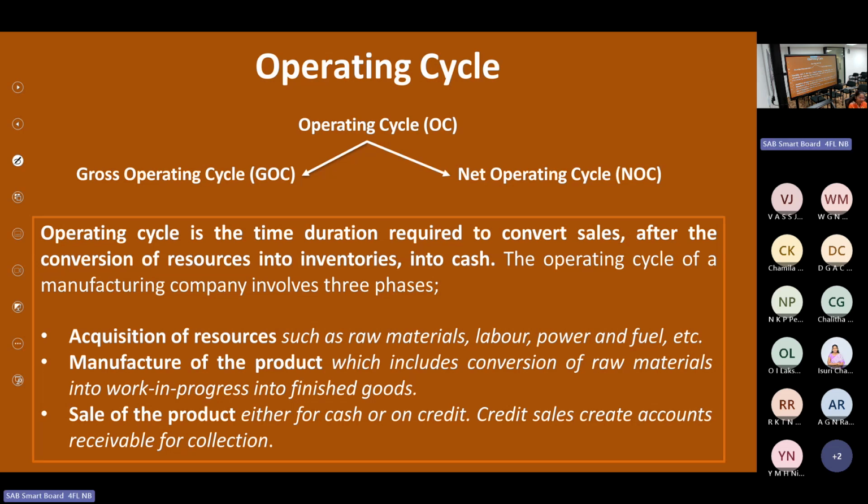Okay, students, I hope you have completed drawing the operating cycle. If I ask you to share your screen, can you all do that? Can anyone who has drawn the operating cycle share the screen?